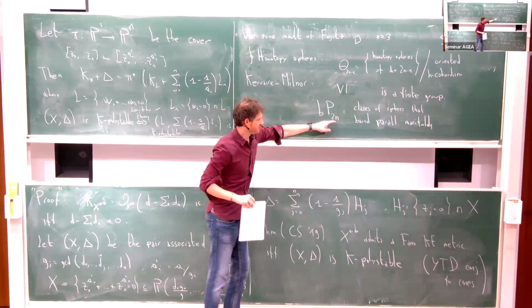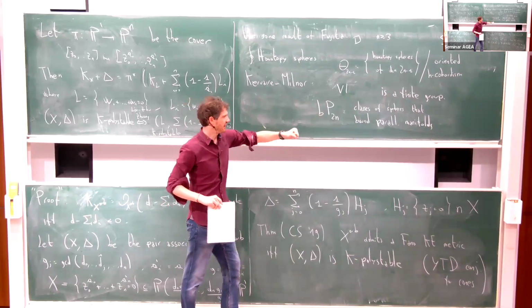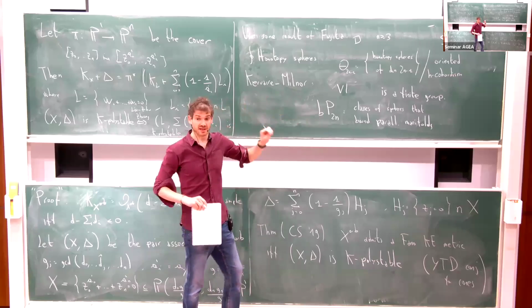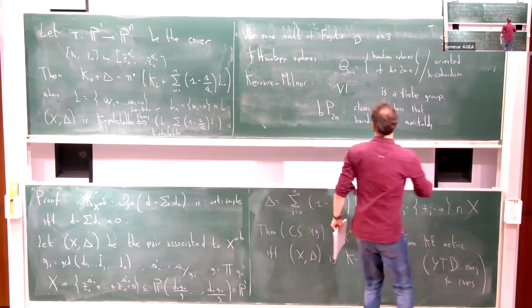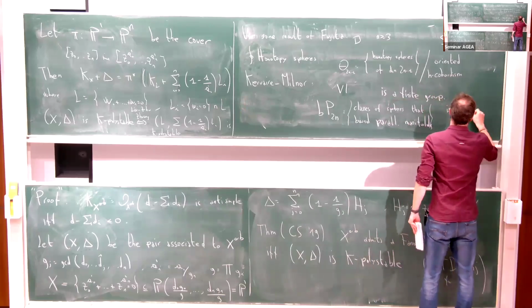The 2n is because they bound a manifold of dimension 2n, and the b is for boundary. This is a subgroup, a cyclic subgroup.